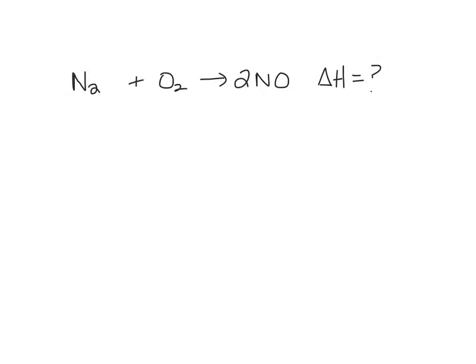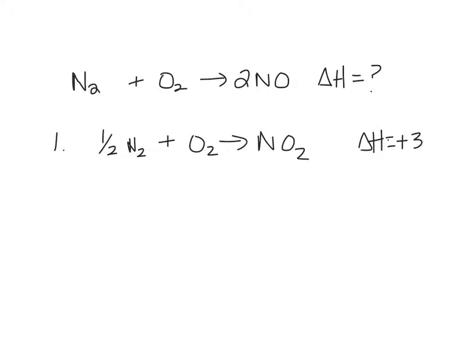Okay? So you either have to have this given to you, or it's given to you in a word problem. Then you must be given equations to use. So here we have equation number 1, 1/2 of nitrogen gas plus O2 makes NO2, and our delta H is plus 34.